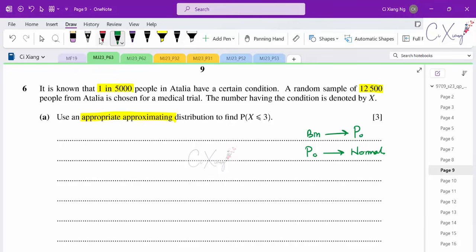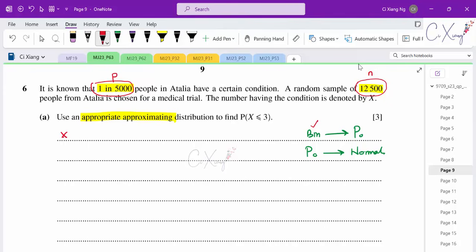From this question, 1 in 5,000 is a proportion, 1 out of 5,000. And we have a random sample of this total number, which is the total trials, n. So you have p and n, basically it is binomial, and you are going to change it into a Poisson distribution.